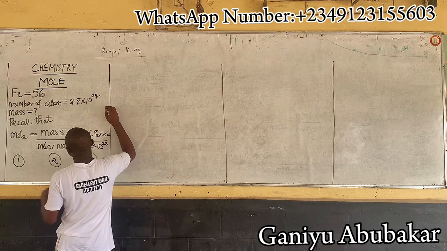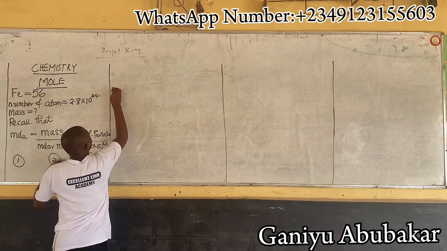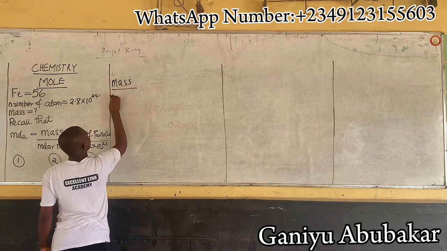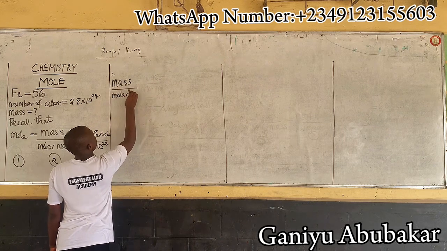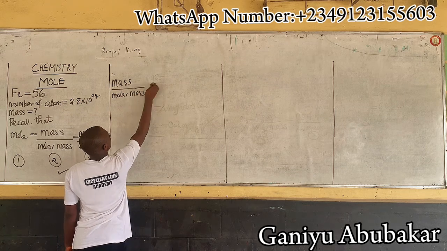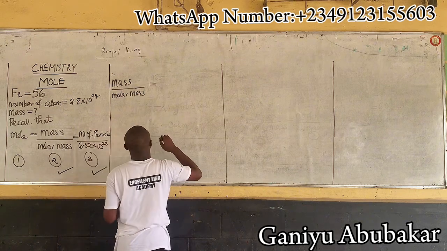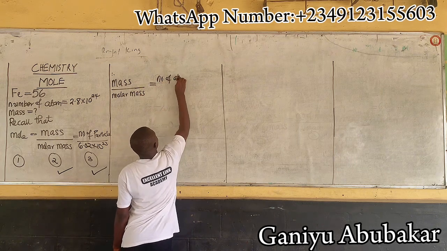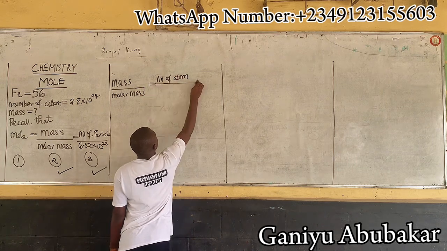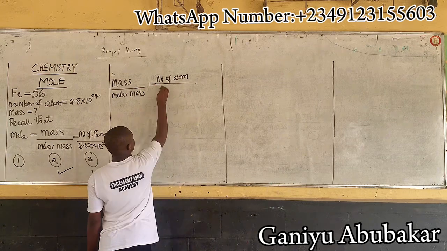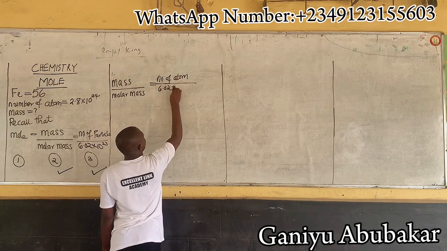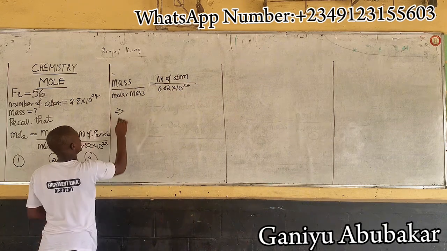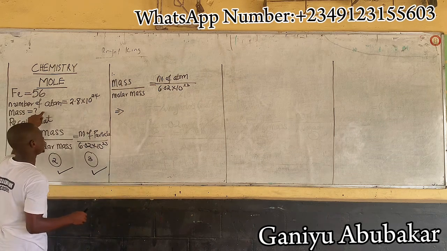So therefore I'll be using mass over molar mass, which is equal to number of particles, in this case atoms, over Avogadro's constant, 6.02 times 10 to the power 23. Mass is unknown, that's what I'm looking for.